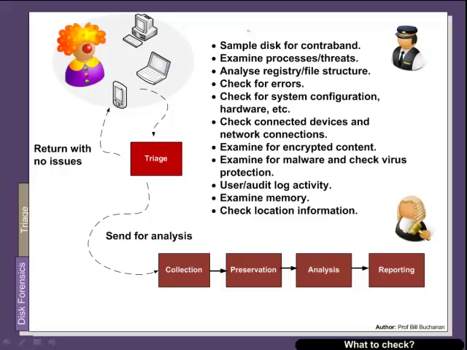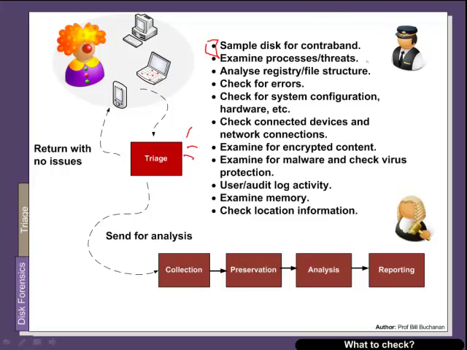So some of the things that we might do if we were allowed to do a triage on the system is to really sample the disk, and we'll see a technique for this later on. We might go in and sample points on the disk to see if we can identify any contraband material.